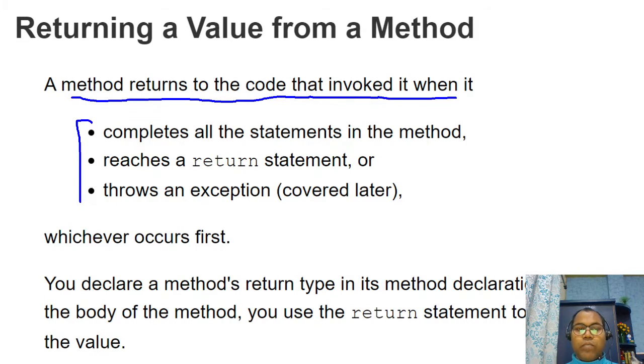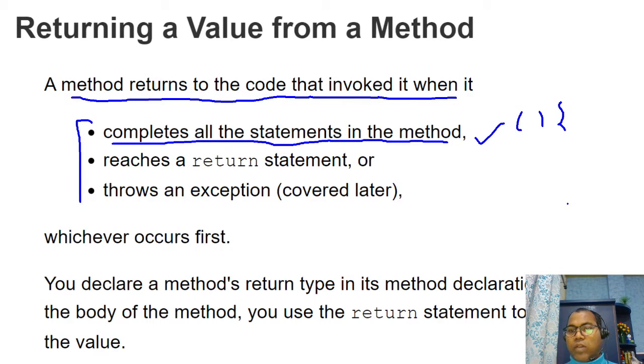There are three possible scenarios where your method returns. First, when it completes all the statements inside the method, the positive and successful scenario, control automatically returns to the calling method.